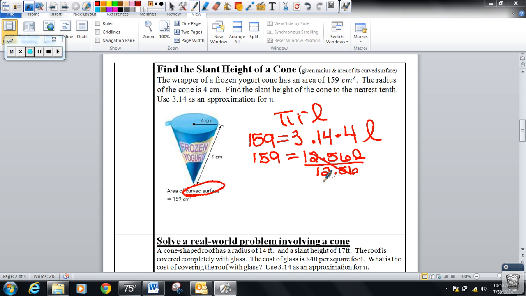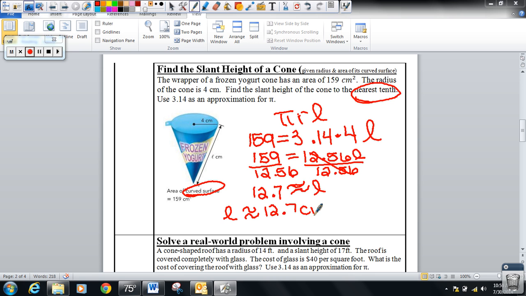Cancels out. On that side I'm left with L. 159 divided by 12.56. And if you notice, it says round to the nearest tenth up here. So I get approximately 12.7. So the slant height of the cone, so L, is approximately 12.7 centimeters.